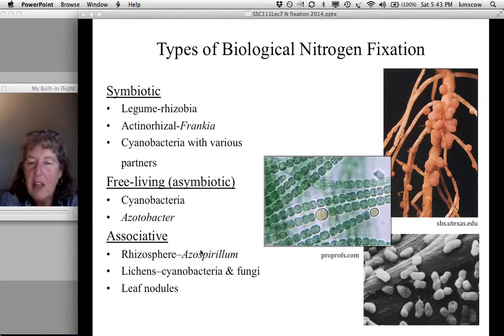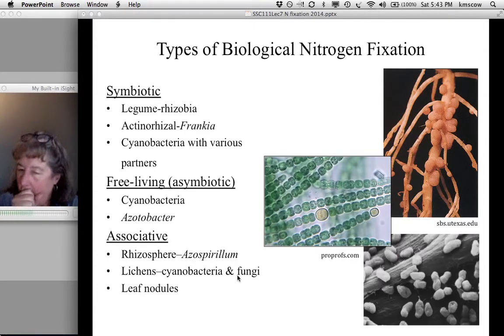There's also associative N fixers, which are in a more loose relationship with their host or their partner, and that could be Azospirillum that are living in the rhizosphere of certain plant roots, but not in this very tight relationship where there's an actual big modification to the structure of the plant roots, like those nodules form, like there is with the rhizobia.